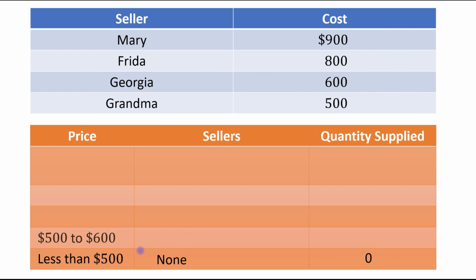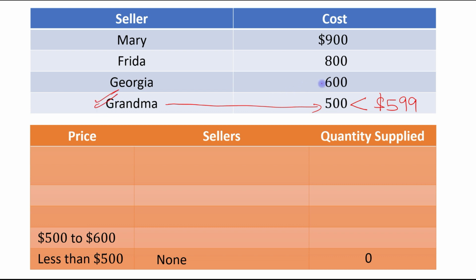Let's start with the second case, when the price is between $500 to $600. Let's take it as $599. So if we see the case of grandma, the lowest price that grandma would accept is less than the price offered. It is $599. Then I think that yes, grandma will be willing to sell her painting services, right?